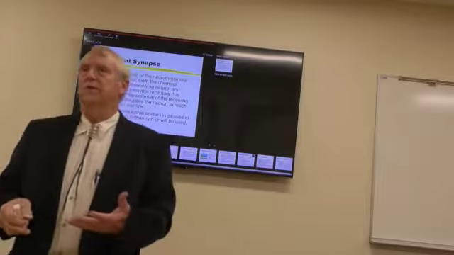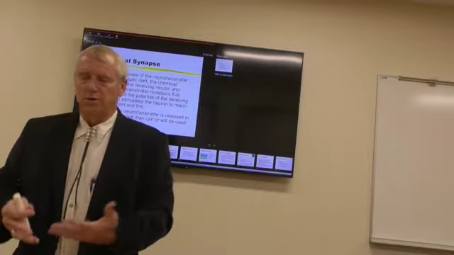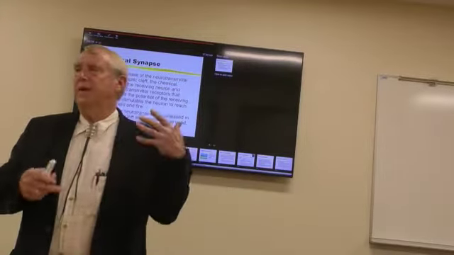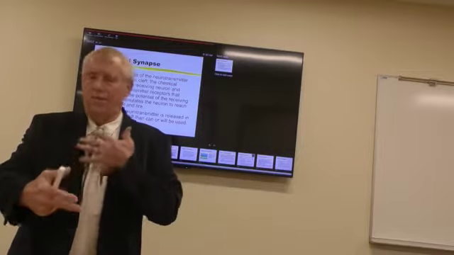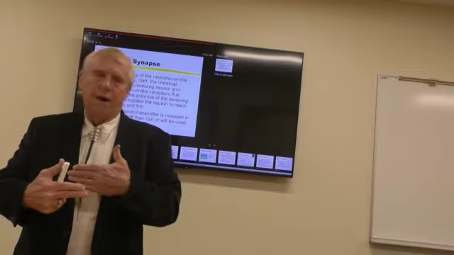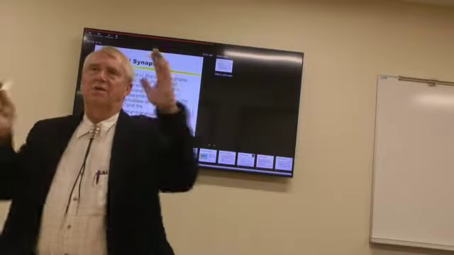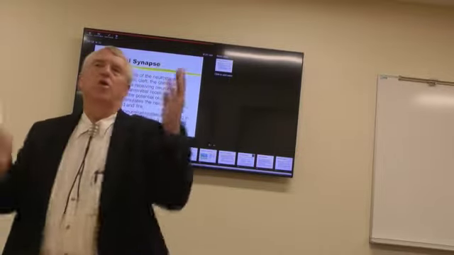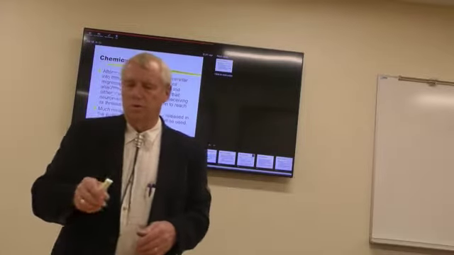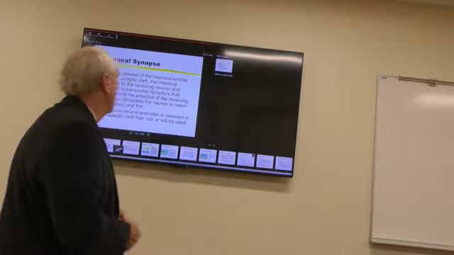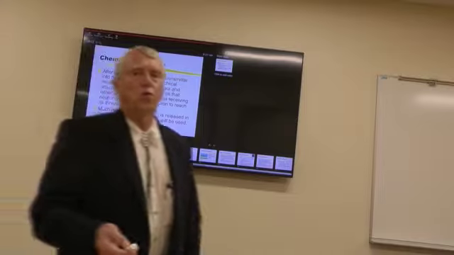Remember, we've got all this neurotransmitter flooding into the synaptic cleft. It's between 20 and 40 nanometers wide. So some of that neurotransmitter just kind of flows out. It's gone. So you release more than you actually need.